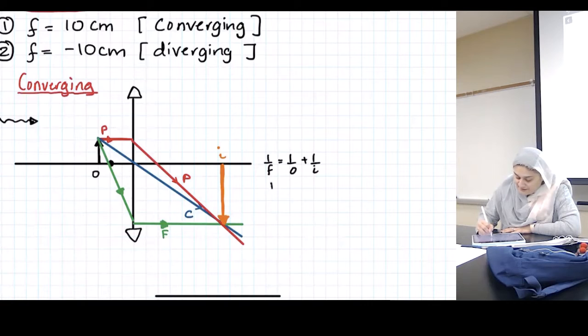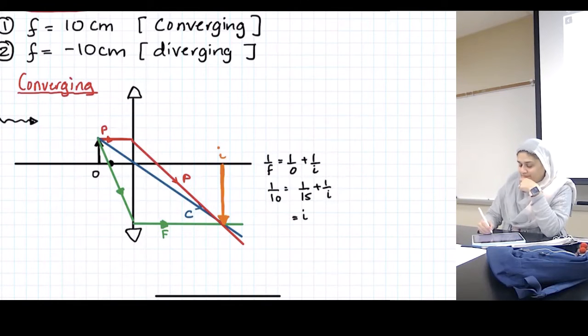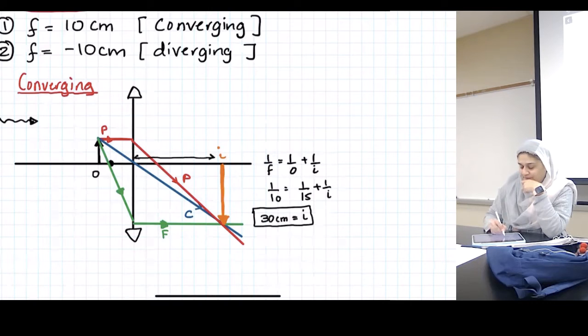My focal length is 10, my object is plus 15, plus 1 over I. Solving for it, I get I equals 30. This 30 centimeters is how far the image is. Of course, we're not drawing it to scale, so we're probably going to be off.